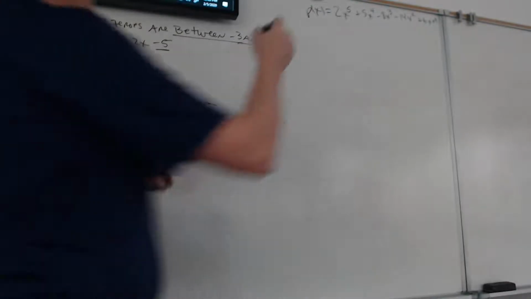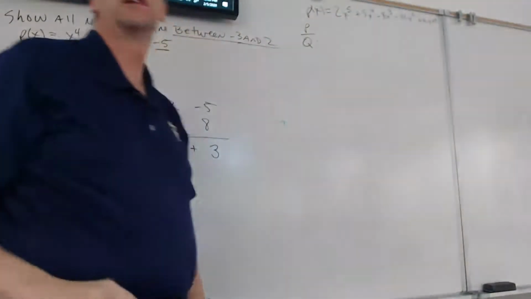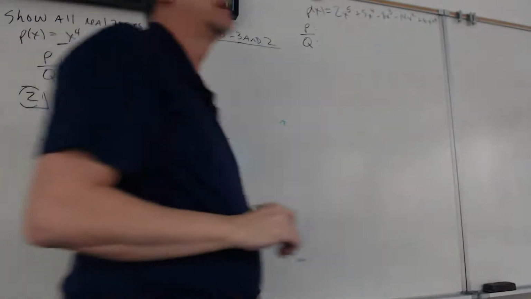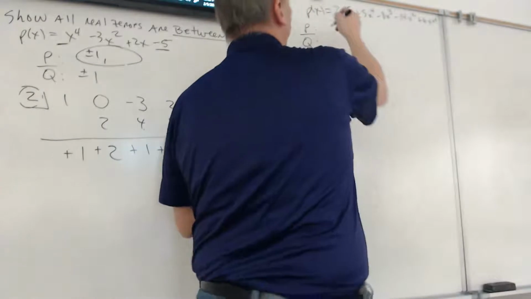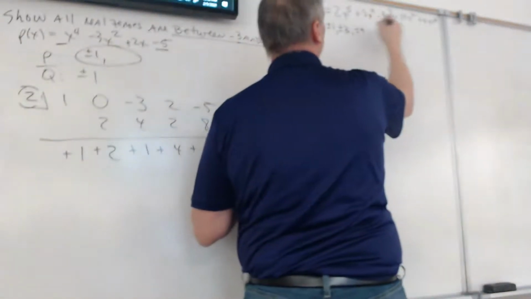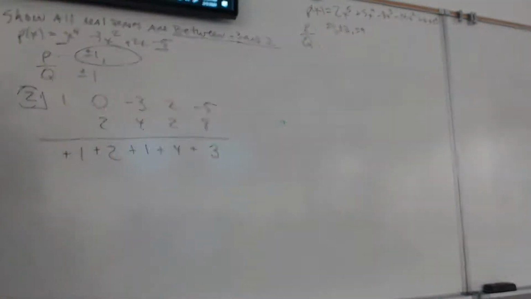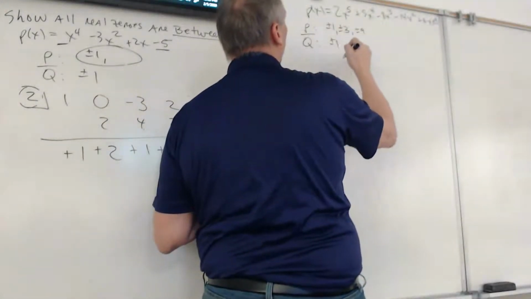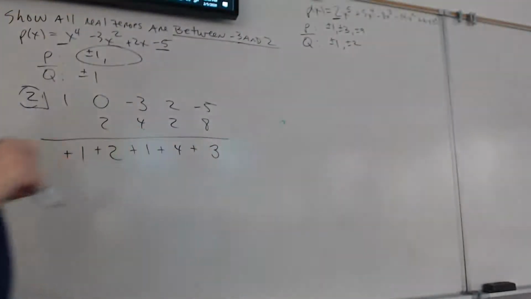I need to find my p's and my q's. Okay, what are my p's? So I can use plus or minus 3, plus or minus 1, and plus or minus 9, because that comes from that term here. Okay? What about my q's? Plus or minus 1, and plus or minus 2, that comes from my leading term there. Okay? So which one do you want to try first?